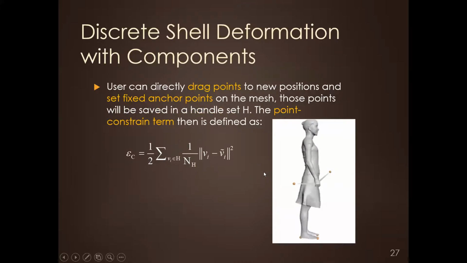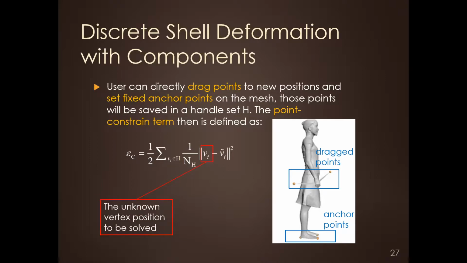And users can directly drag points to new positions, here are the drag points, and set fixed anchor points on the mesh. Those points will be saved in a handle set H, and the point constraint will then be defined as below. It pushes the drag points to the desired positions.